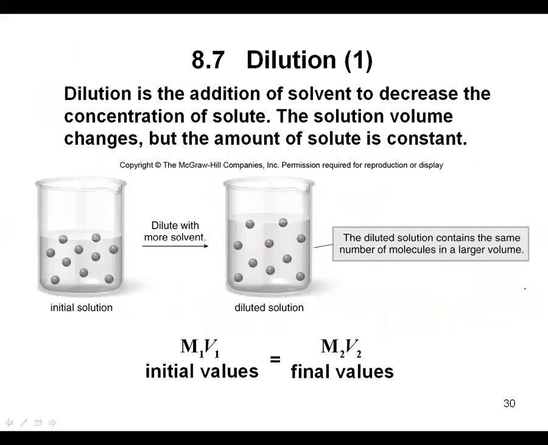So the next very common thing that is done with solutions in terms of concentration is a process that's known as dilution. In a process known as dilution, essentially we're going from what is sometimes referred to as a stock solution to a diluted solution. Really, a stock solution is a more concentrated solution down to a diluted solution.